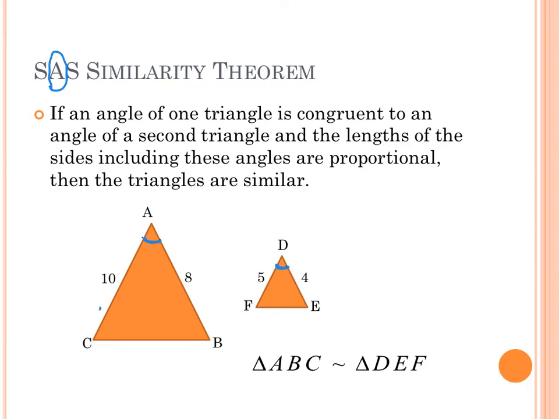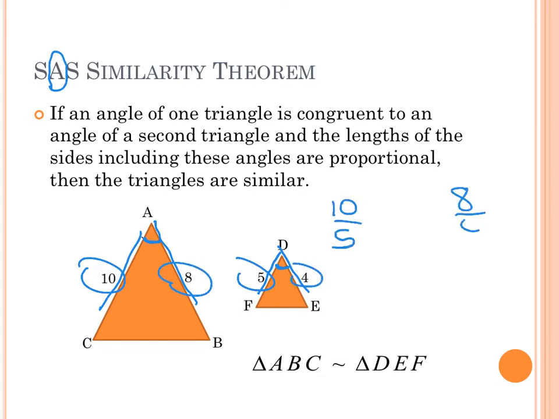So notice the sides that have numbers are making up that congruent angle. So again, I can confirm that the sides are proportional. I could put 10 over 5 and 8 over 4. Notice they both simplify to 2 to 1.